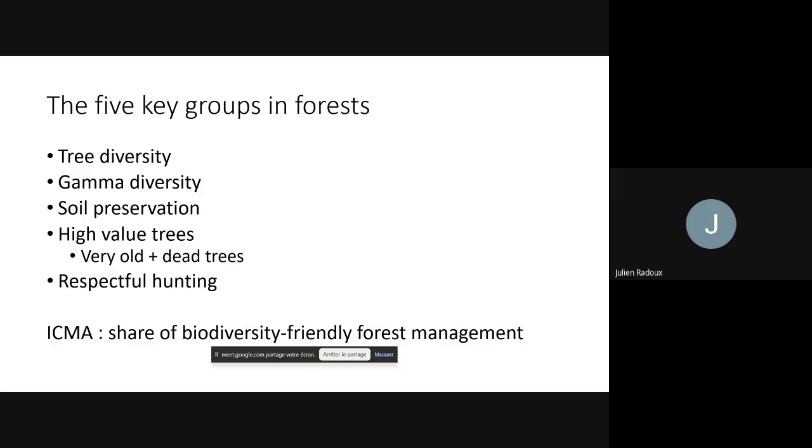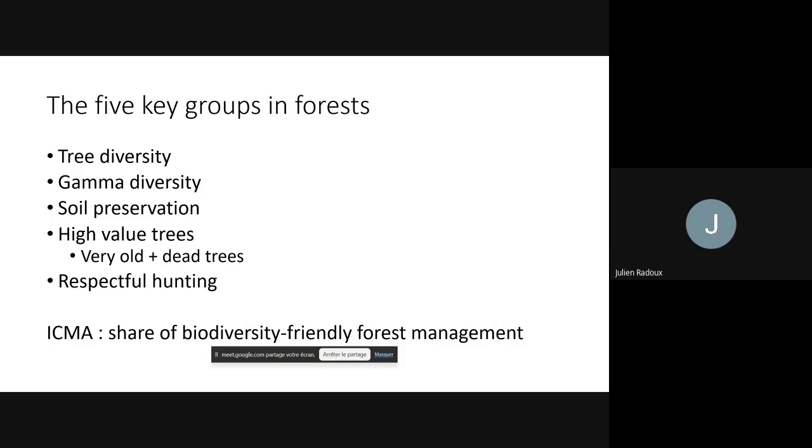Of course, there is a drawback to that, is that if you have too many gaps in your forest, then it's not a forest anymore. So this gamma diversity must have some constraint to avoid that the gaps are too big, and to make sure that you always keep a core forest area where inside the forest there is only forest, and you are not disturbing the species.